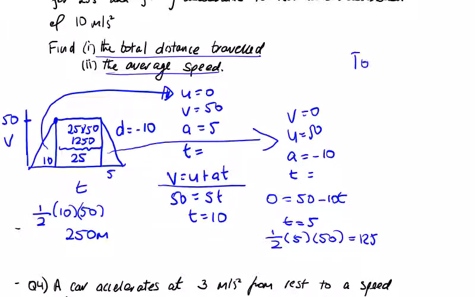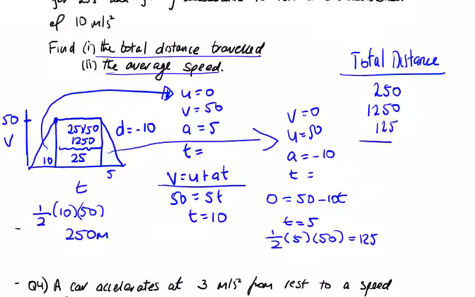So total distance, and my 3 areas, my 250, my 1250, that's 1500, and my 125, which is going to give me 1625 meters. The total distance covered. We're asked for the average speed.